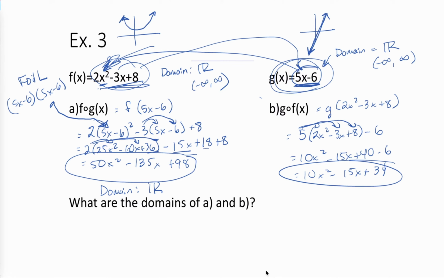And because the domain for g of x is all real numbers, so anything we get from f, we can plug into g, the domain for this is also all real numbers.